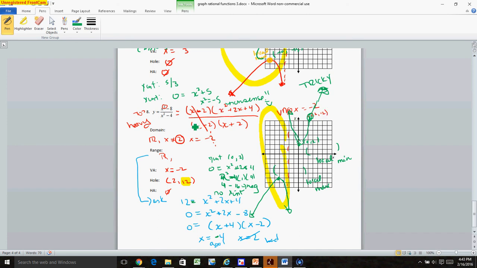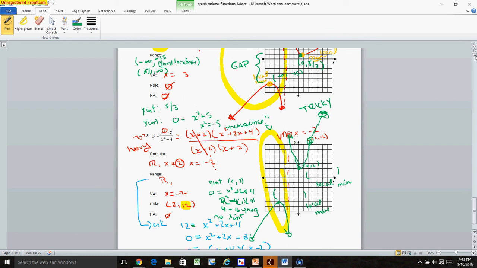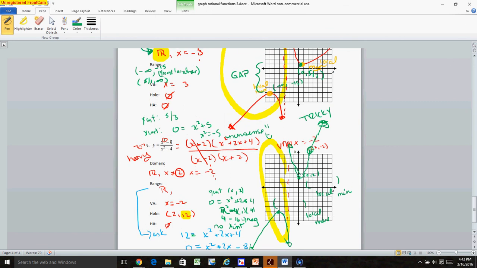It's over here that I hit it again. So I need to find that mistake. And I also didn't have my calculator with me, so up here I don't know that my local max and my local min are actually correct. I was just guesstimating from a drawing I have.